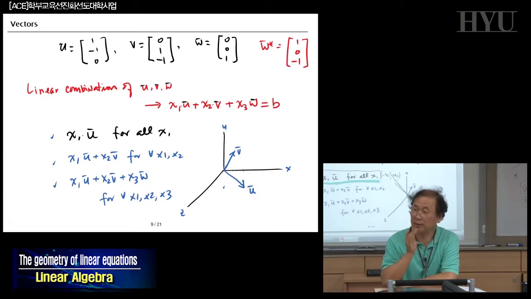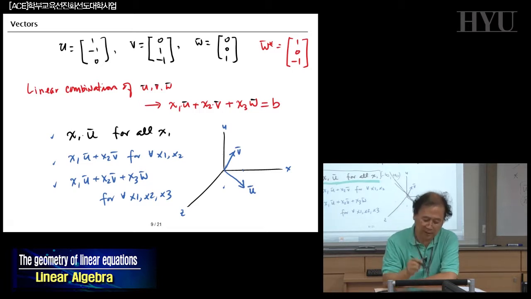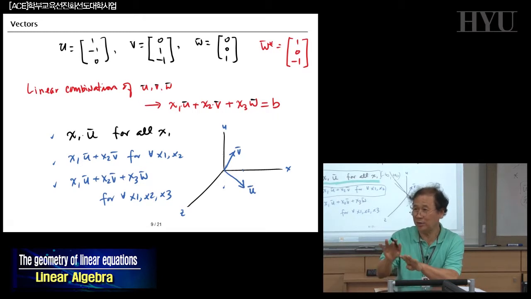How about the second one? This is more or less two vectors, right? When you see the two vectors U, V, can you imagine a plane which includes both vectors?